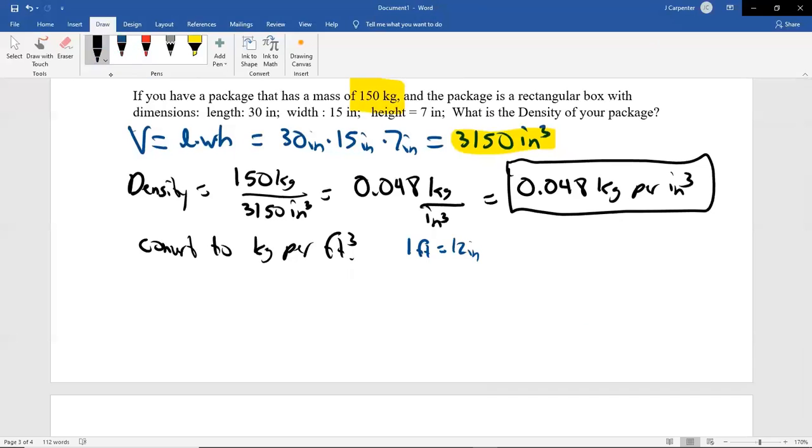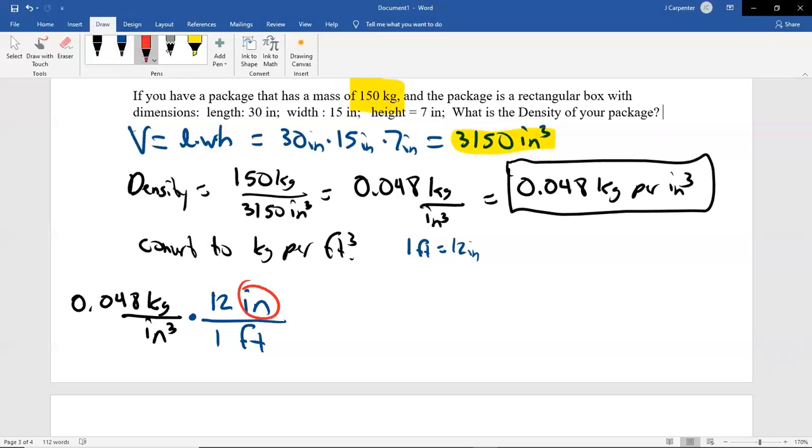So I'm going to take that 0.048 kilograms in the top and then cubic inches in the bottom. I'm going to multiply by, we're trying to get rid of the inches and go to feet, so 12 inches over 1 foot or 1 foot over 12 inches. Well, the inches are in the bottom originally. We want to get rid of them. So in our multiplier, the inches need to go in the top. So inches in the top, feet in the bottom, and it's 12 inches is 1 foot.